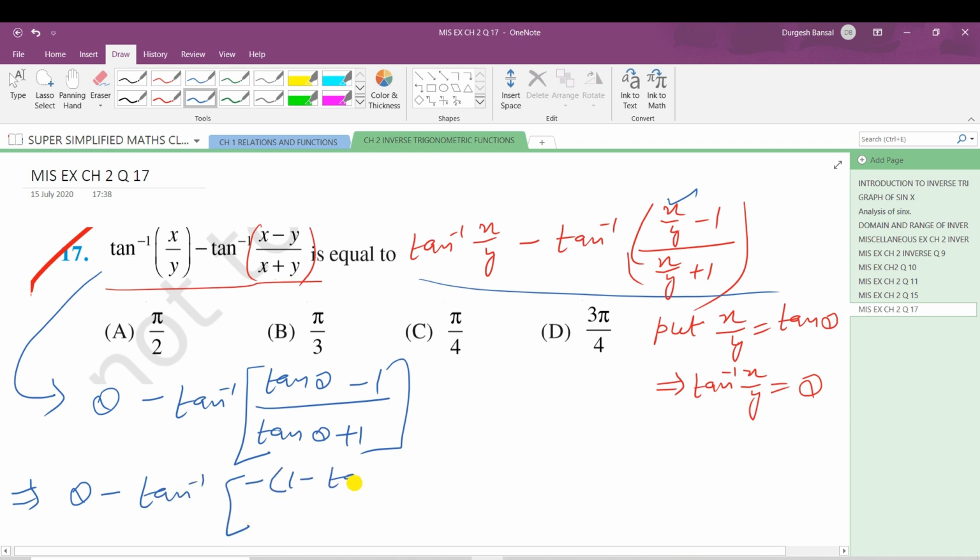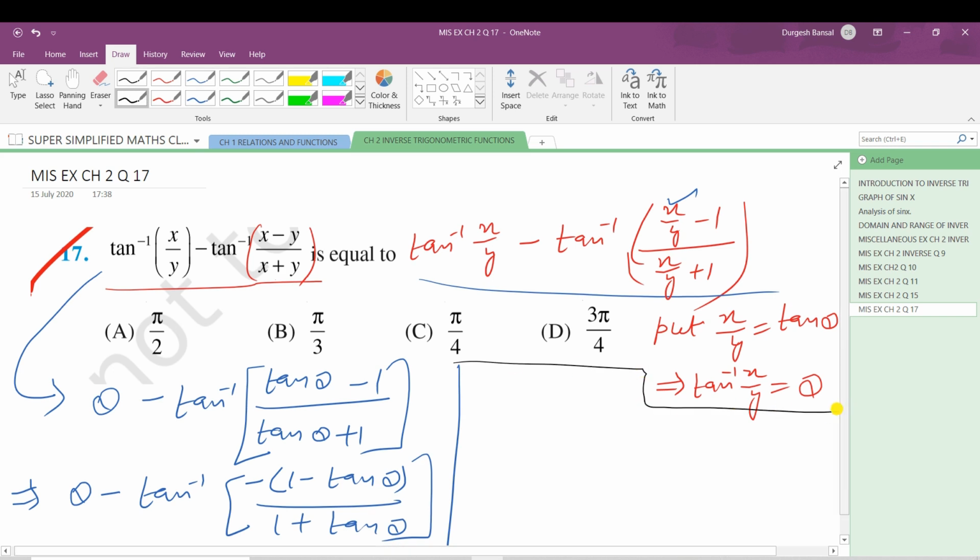So you have 1 minus tan theta upon 1 plus tan theta. Now by using the properties of inverse functions, you can take this negative outside. So this becomes theta plus tan inverse 1 minus tan theta upon 1 plus tan theta.